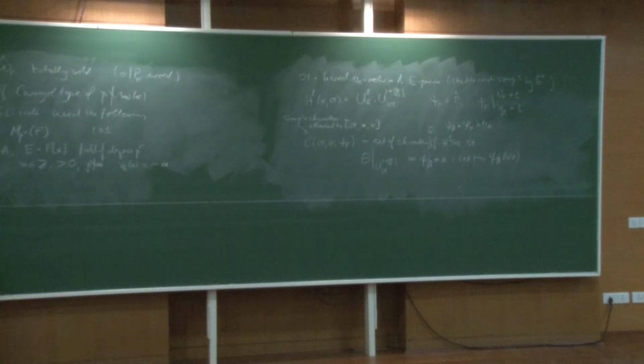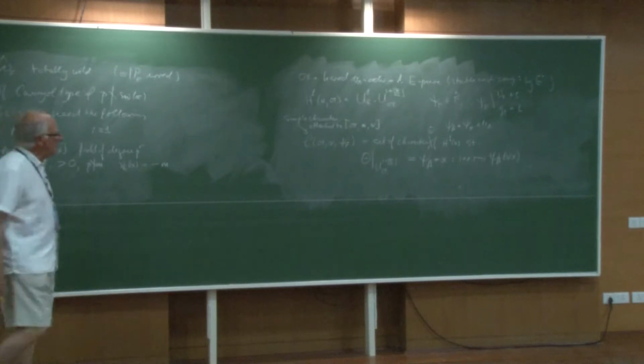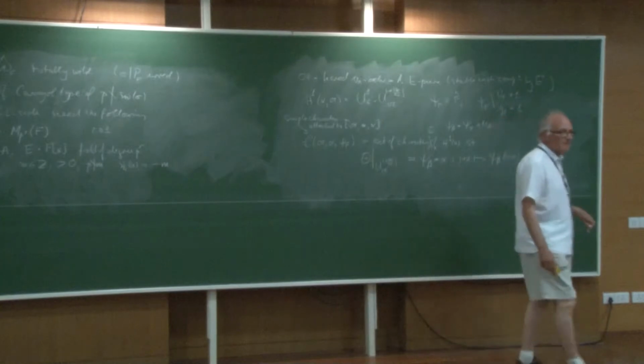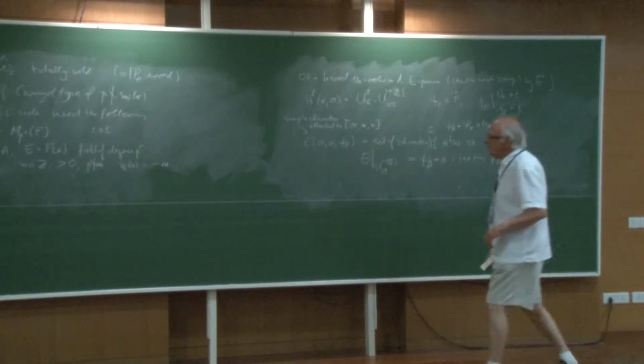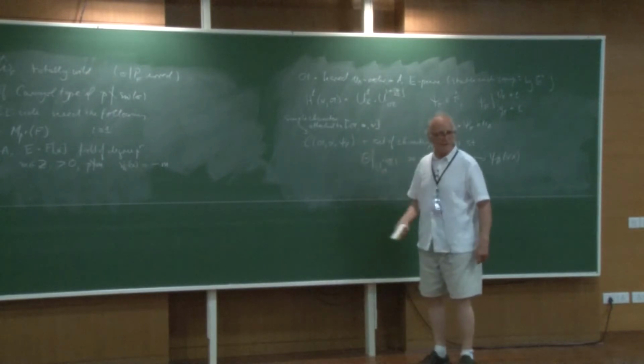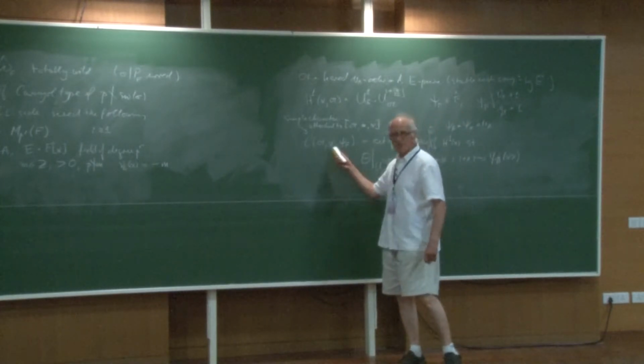I don't need to worry about endo classes here because distinct elements of this set are never endo equivalent. The other point to make is if I start with this group and this bunch of characters of it, it doesn't tell me what alpha is.